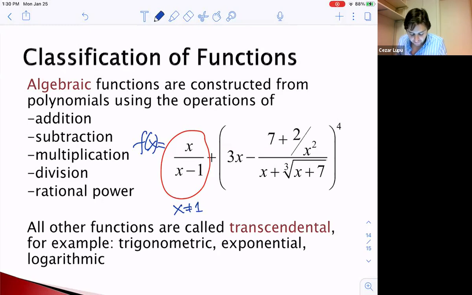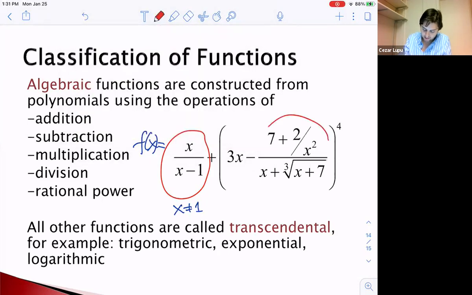You have inside the parentheses, and you raise everything to the 4th power, so you have a power function. You have 3x minus, which is a linear function here, 3x. So you have no problem with this function at all. And now you subtract this ugly thing here.